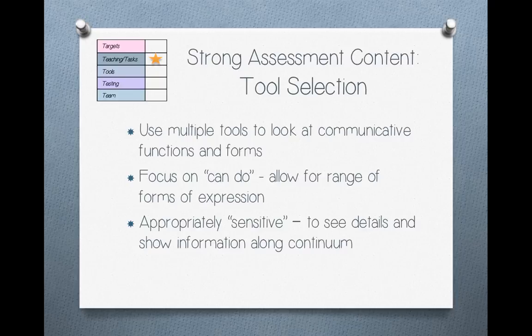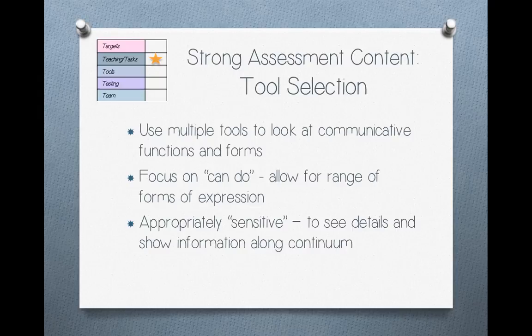Those tools would look at both the forms and functions of communication. The functions are the purposes, so why the student might be expressing something, and the forms are the how, or what it looks like and what way they express that.